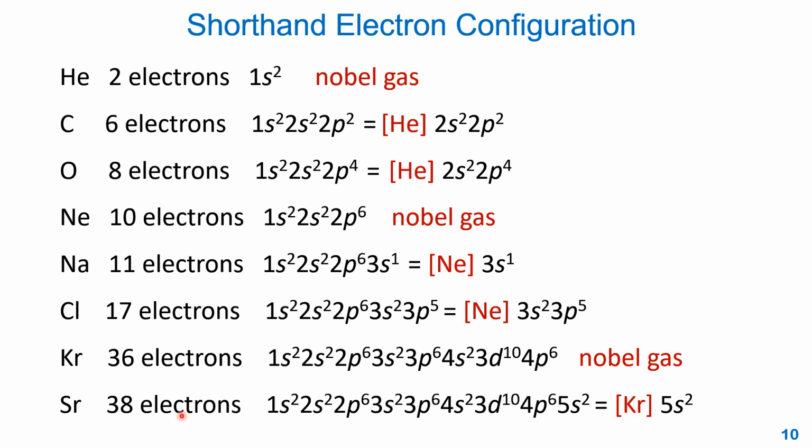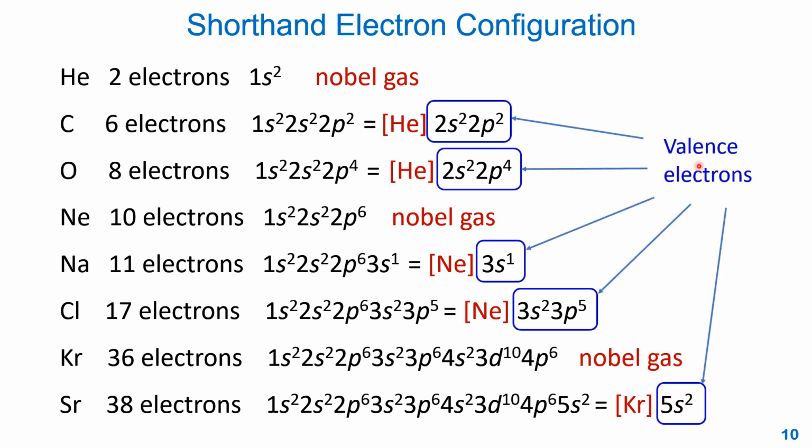So you can write this as a much shorter notation of the electron configuration using krypton as the noble gas to represent the core electrons and 5s2. Those outermost electrons are called valence electrons.